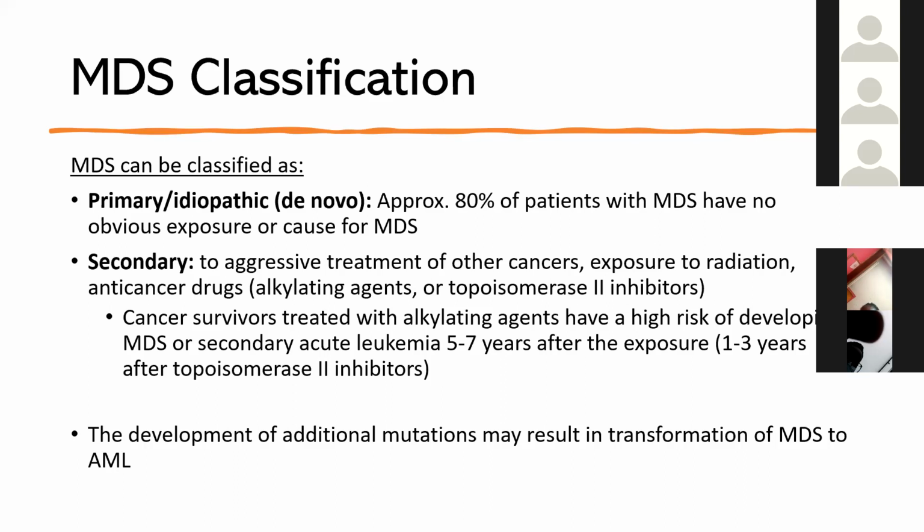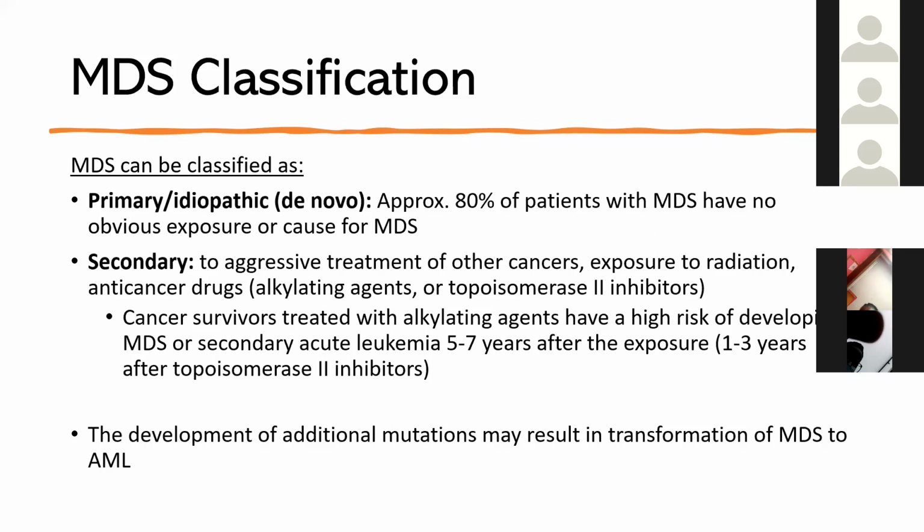And it has been seen with the alkylating agents, patients who've had treatment with that, and these are agents that are very commonly used in many cancers, that these patients have a high risk of developing MDS or secondary acute leukemia about 5 to 7 years after the exposure to the drug. So you can see it is a long-term side effect of the anti-cancer treatment.